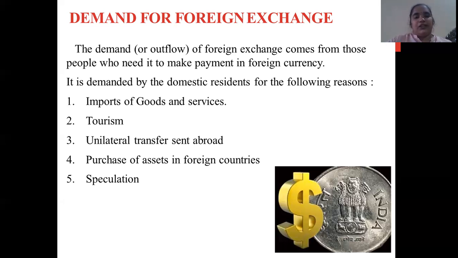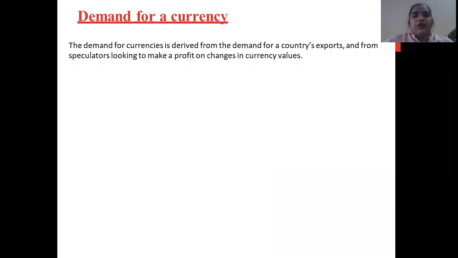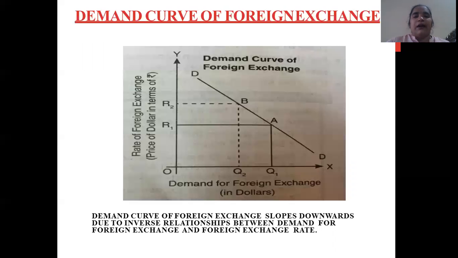So for speculation or trade also, people or individuals or institutions may hold money. So these are the different ways in which currency is demanded. Speculation, profit from changes in currency values, countries' imports, all these lead to demand for a currency.